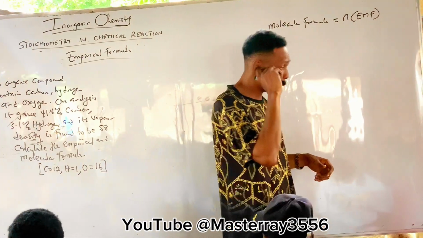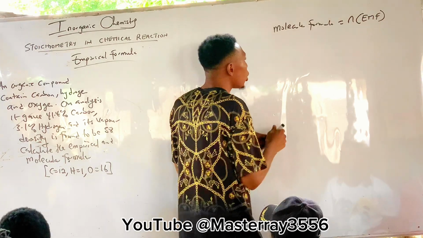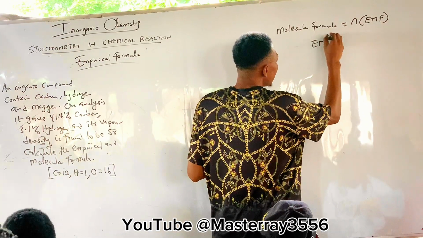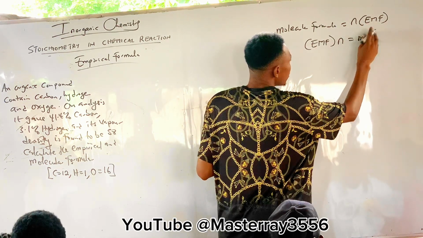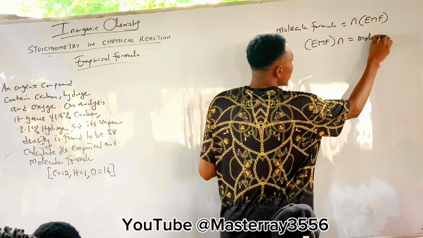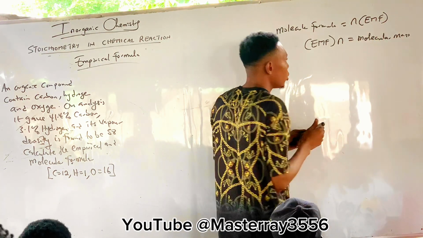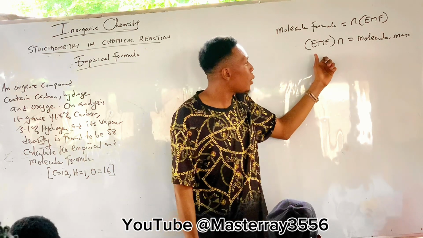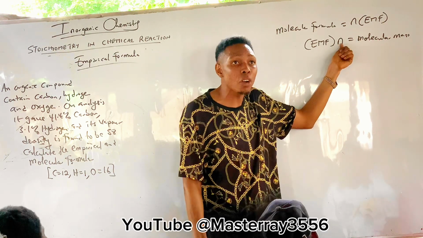Now, for you to get the value for n, you make use of empirical formula, EMF, times n, equals the relative molecular mass. This is the value you use to get your n. Are you following?